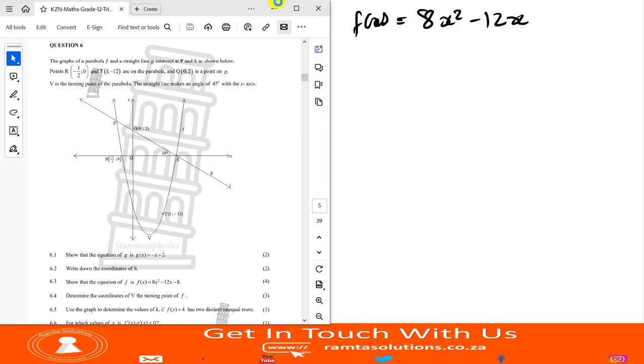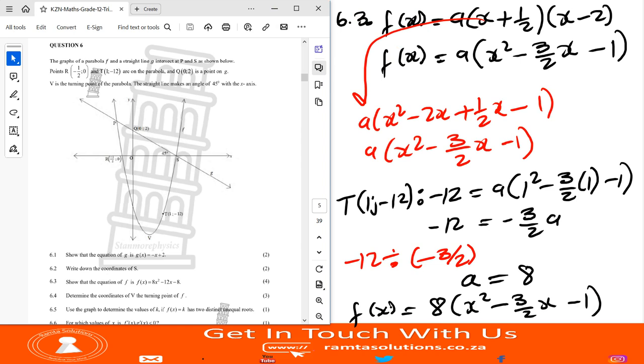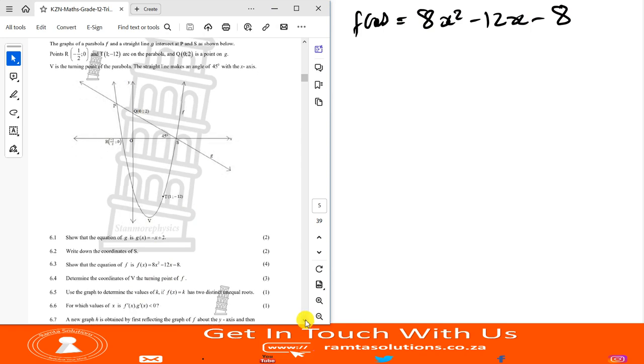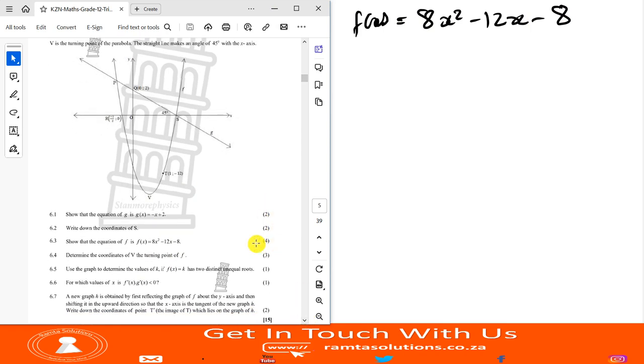And then 8 times negative 1 will be negative 8. Isn't this what they said we must prove? Yes, it is, and that says we are on the right track. We already have 8 marks on this question.